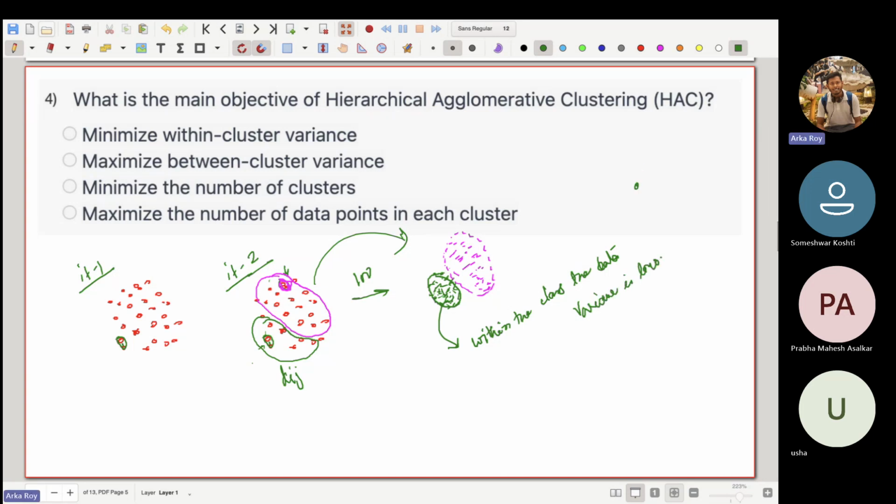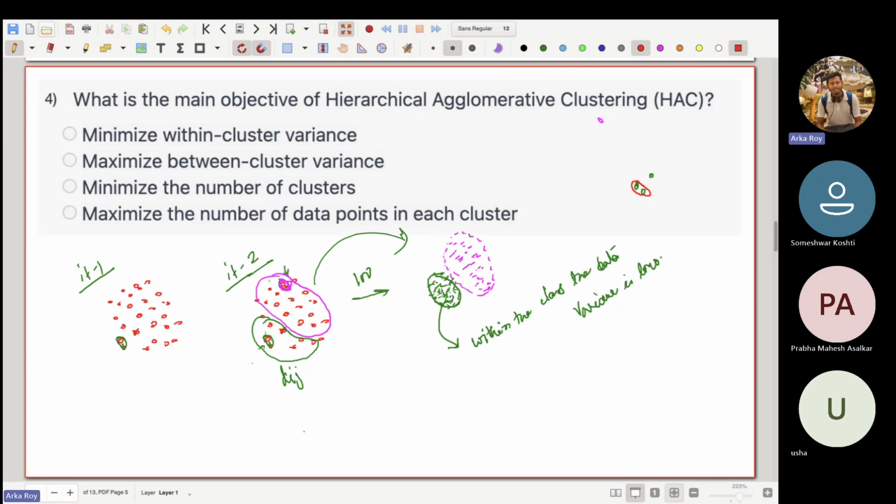Let us consider you are creating a cluster like this, and you have another data point like this. Initially at iteration 1, you have grouped these two together.